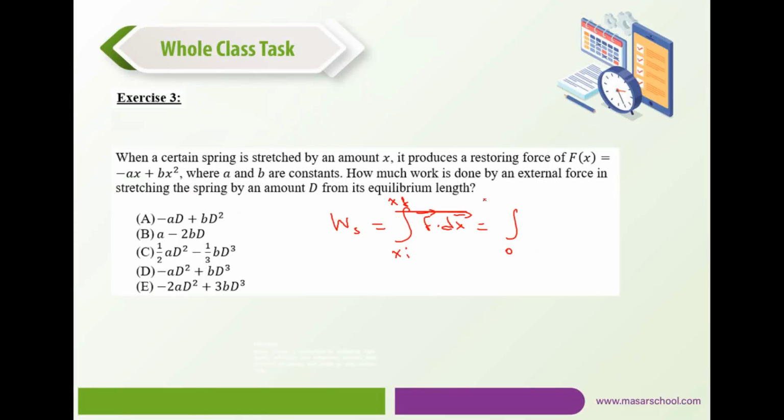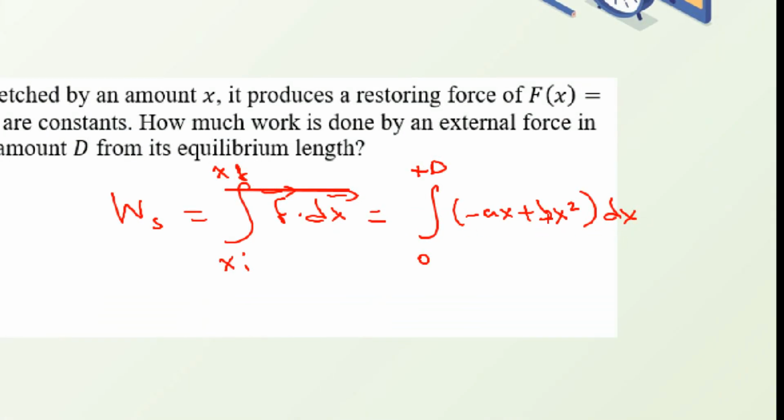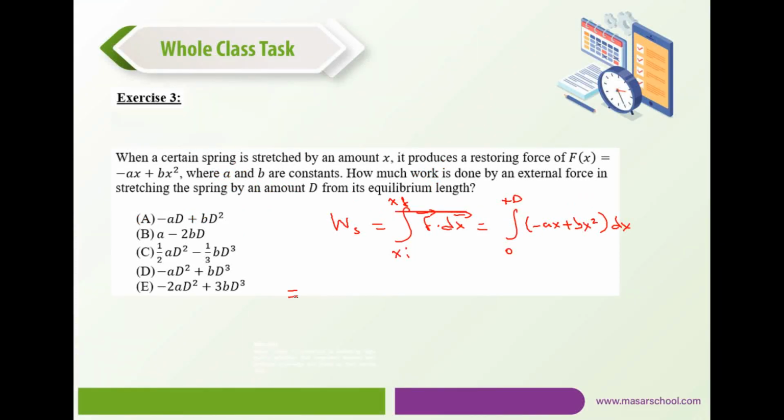We're stretching, so that would be plus d, of the restoring force given by −ax + bx² multiplied by dx. Now we can split this integral because the integral is distributive over addition and subtraction. So minus a is a constant and can be dragged out, and b is a constant and can be dragged out.